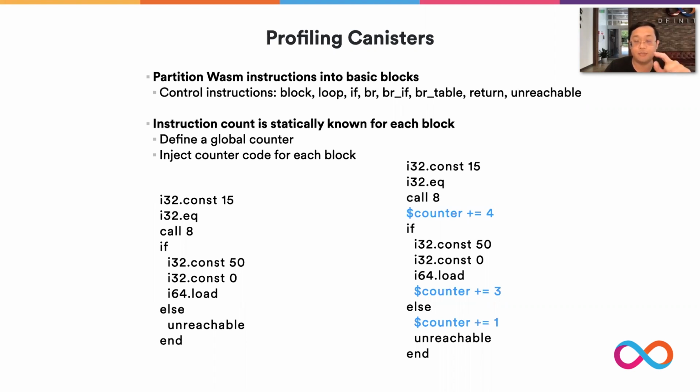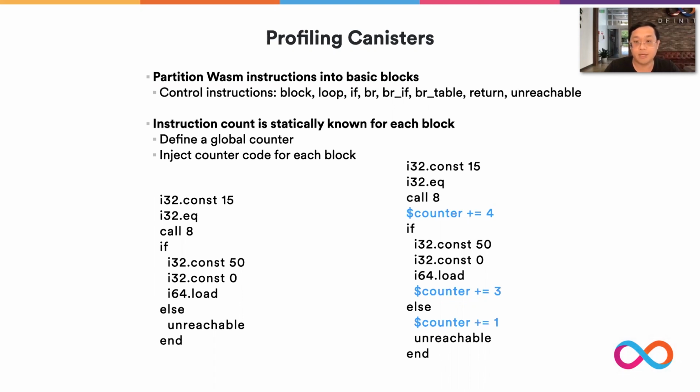Then for each basic block, we can count how many instructions are in there. For example, the first one will have 4 instructions, including the if branch, the then branch will have 3 instructions, and the else branch has 1 instruction. Then we can define a global counter in the WebAssembly, so that each time, dynamically, when you are executing a basic block, we add the cost of the block.